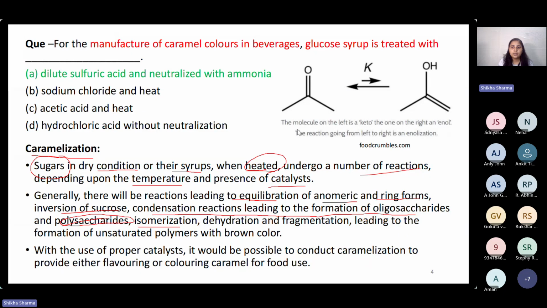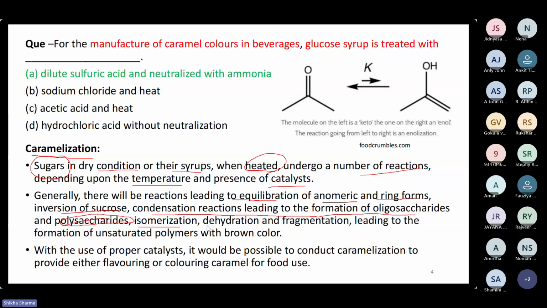Basically, all these reactions, the condensation reactions, the inversion of the sugars, the dehydration and the fragmentation, will occur. So they will lead to the formation of unsaturated polymers which will have the brown color.